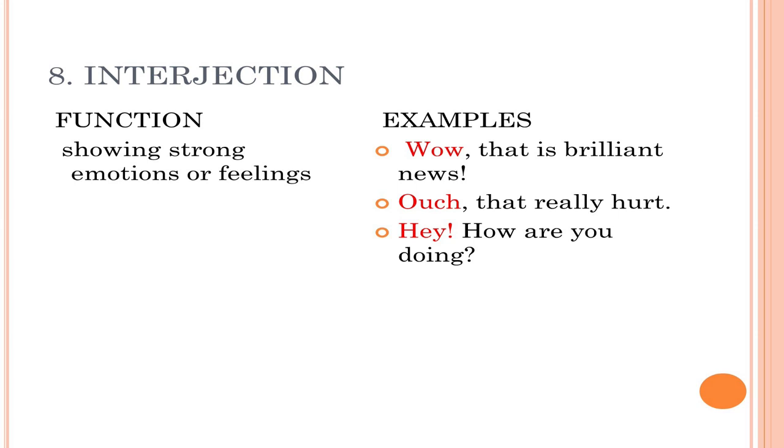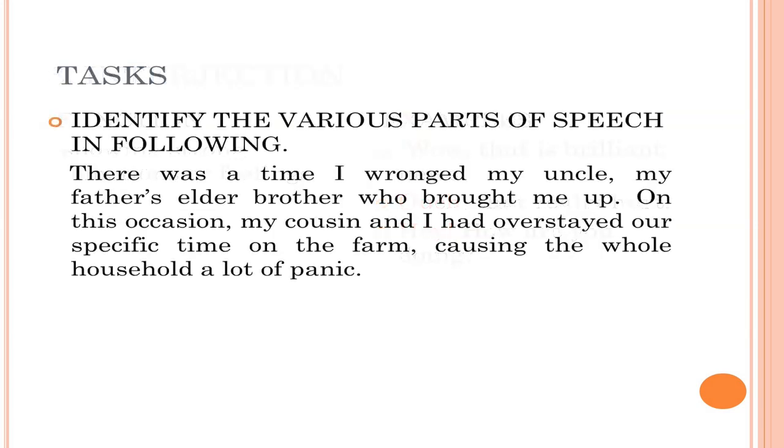I'm sure you can give more examples of interjections, and also learn how to make good use of them in sentences whenever the need arises. Interjections are words that show feelings or emotions.